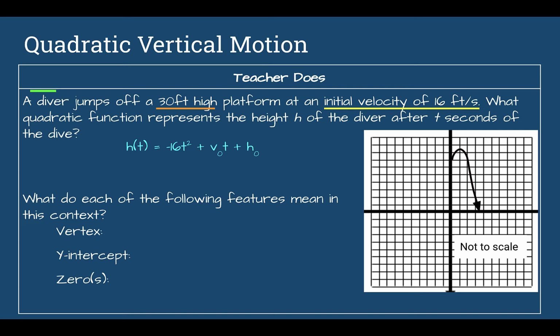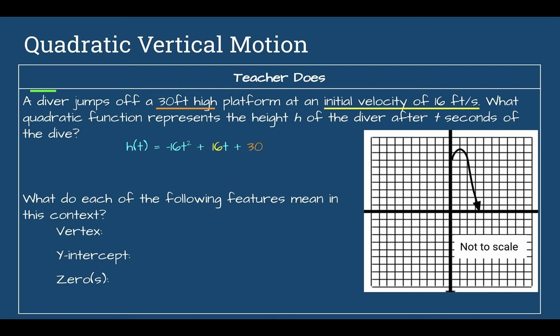Initial velocity, that's going to go where v sub 0 was, while 30 feet high is where they started. So our vertical motion model would be h of t equals negative 16t squared plus 16t plus 30. Notice the leading coefficient for this is always going to be negative 16.